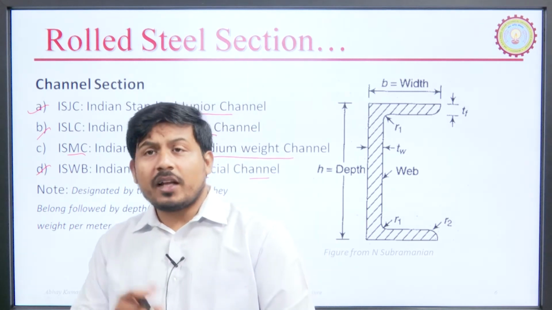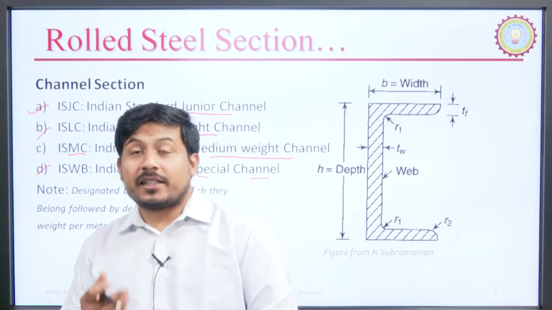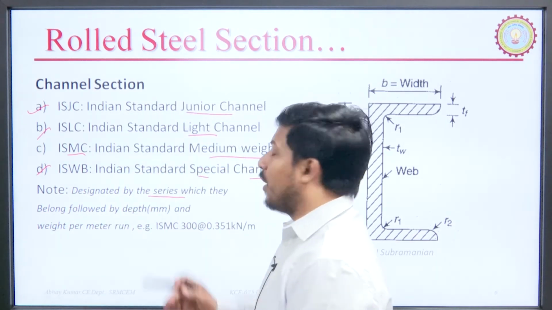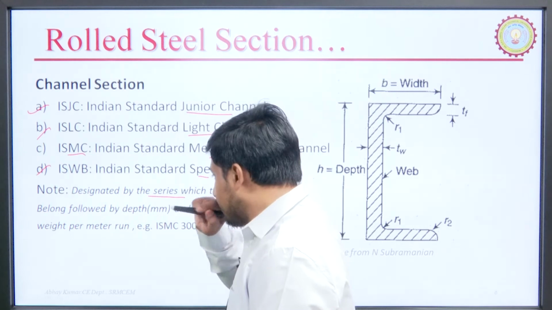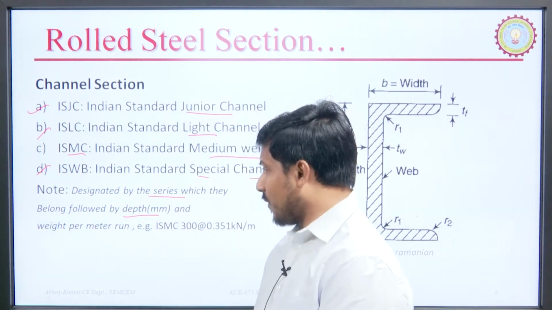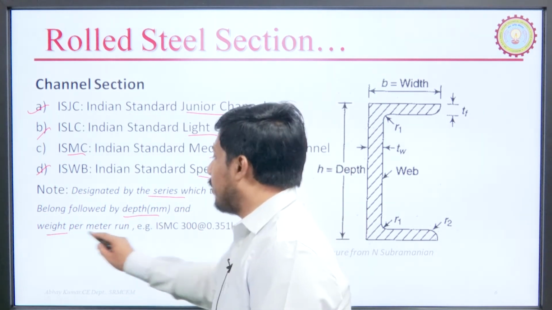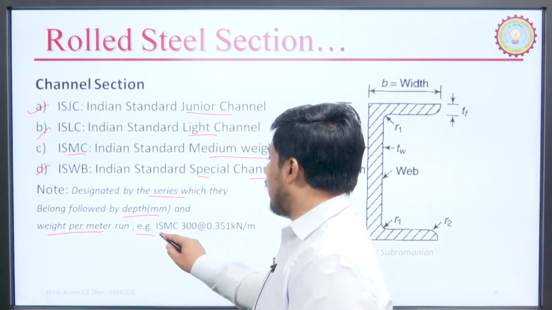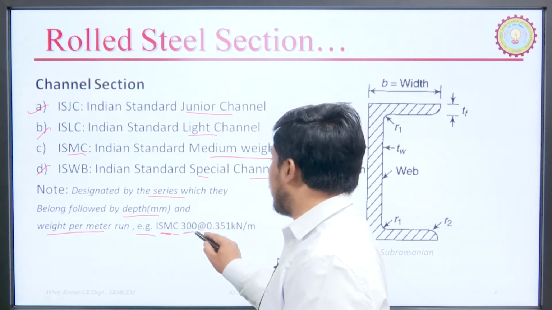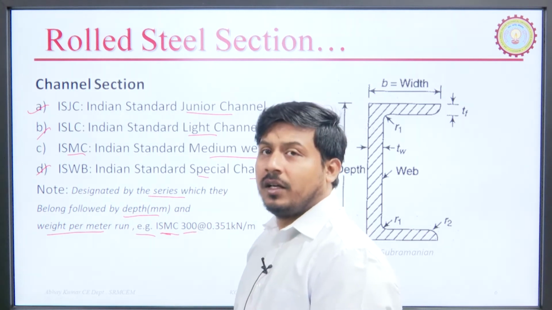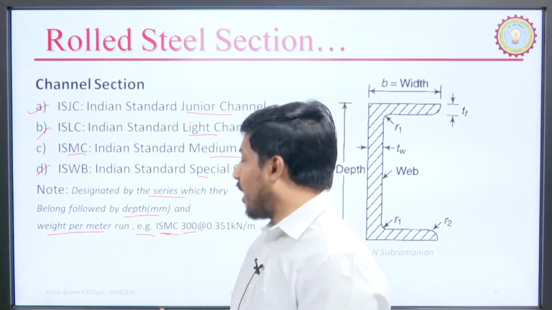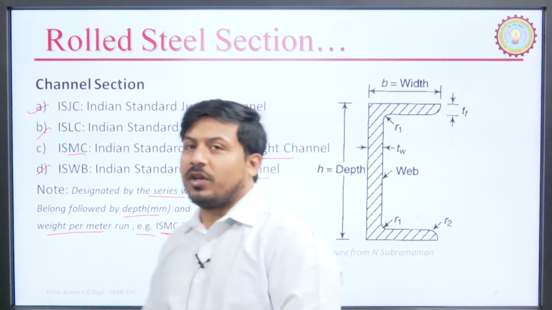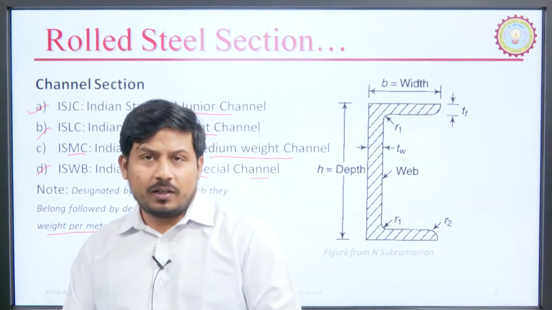These are designated with the same set of rules: the series they belong to, depth of the channel section and weight per meter run. For example, ISMC 300, where 300 is the depth of the section, at the rate of 0.351 kilonewton per meter, that is the weight of the section.